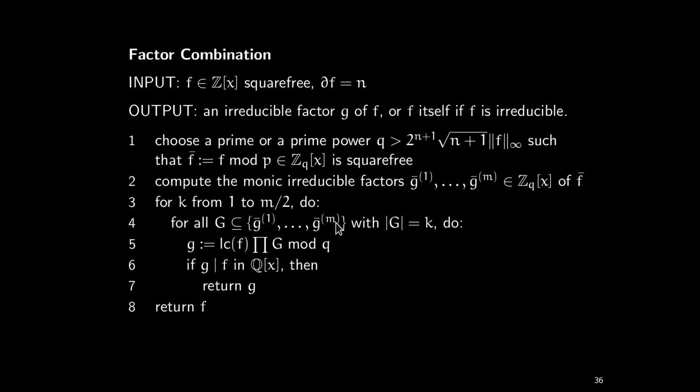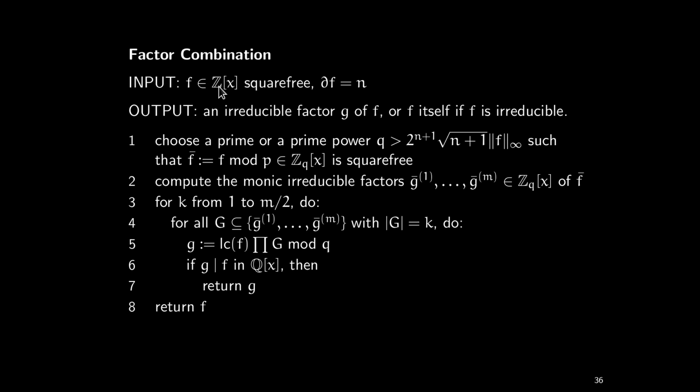Okay, good. So once you have this, then you can put the things together and obtain the factor combination algorithm that factors polynomials with integer coefficients, but it doesn't factor them as elements of Z[x], but it factors them over the rationals.